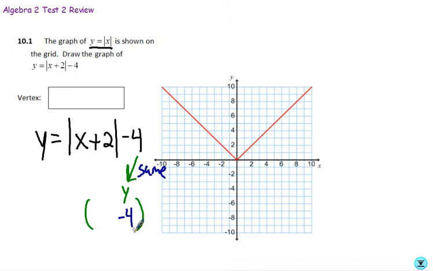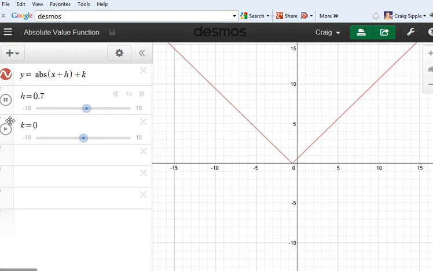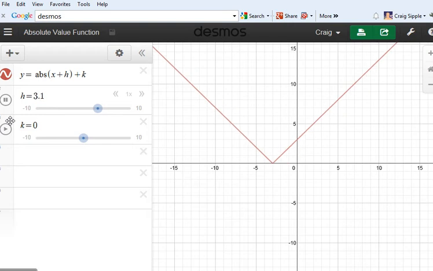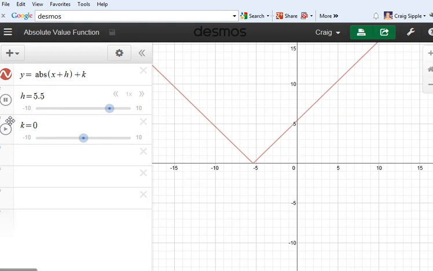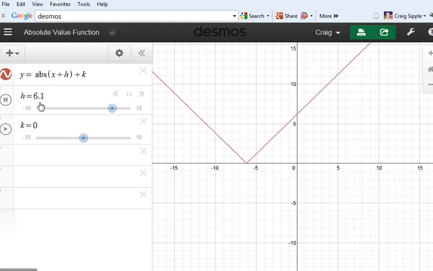And then let's look at what happens if there's a number on the inside. If I look at the number on the inside, which would be h, what you notice is that it's actually going in opposite directions. As the h value gets larger, it actually shifts to the left.